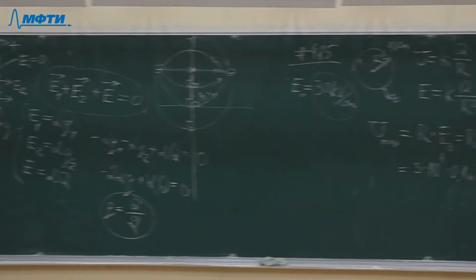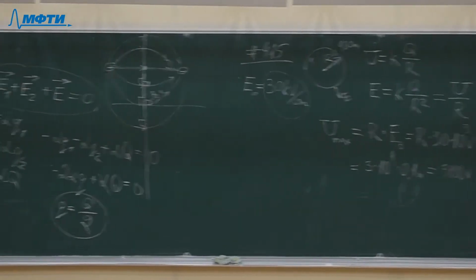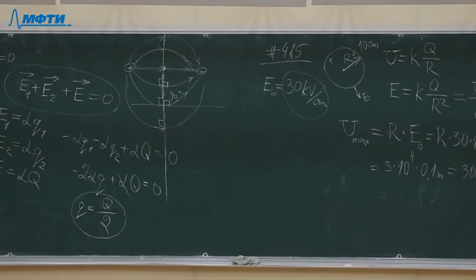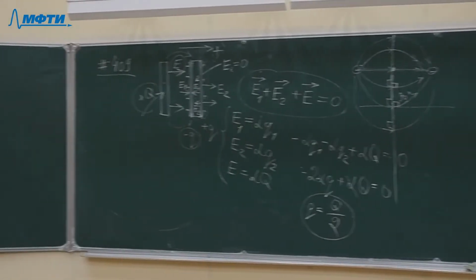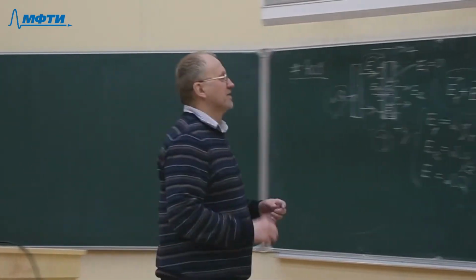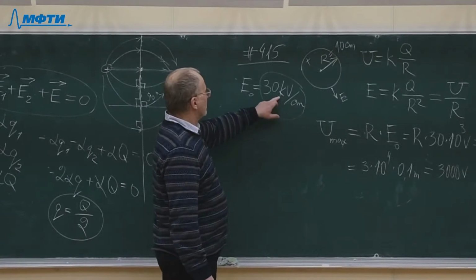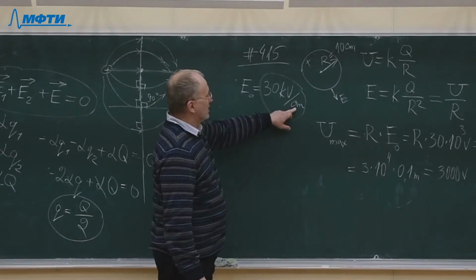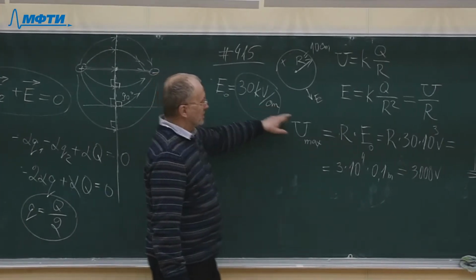Sorry, yes, there is something wrong in this solution, in this answer, because we are given 30 kilovolts per centimeter, and we have to take into account that this is not a meter, this is a centimeter.